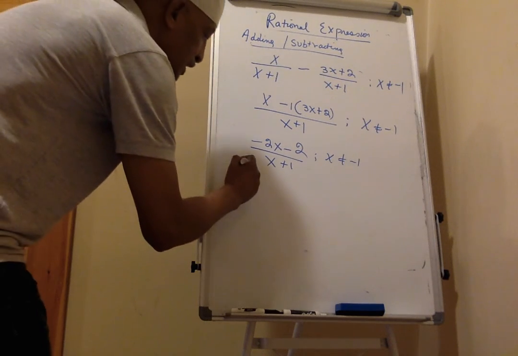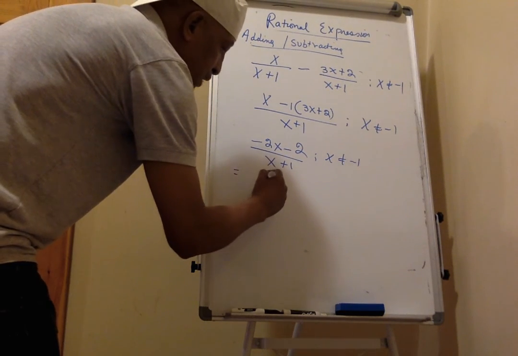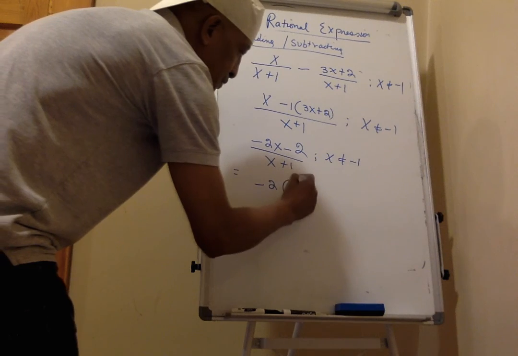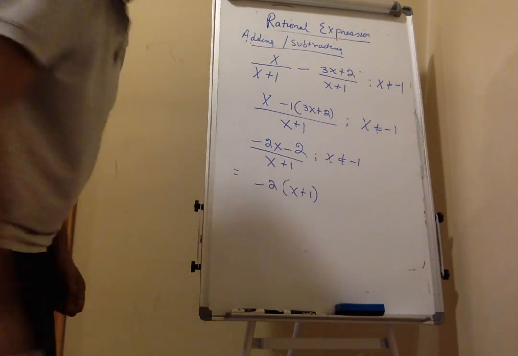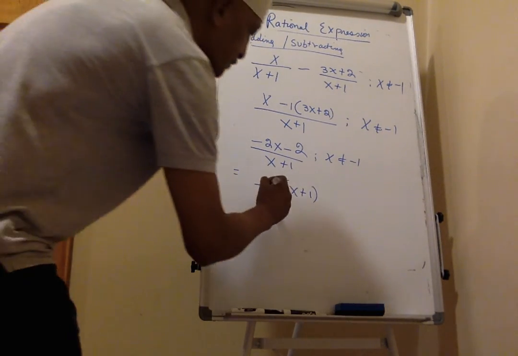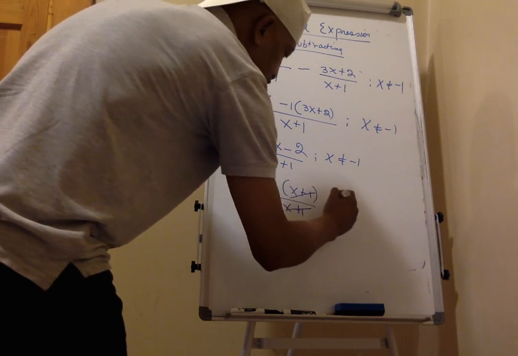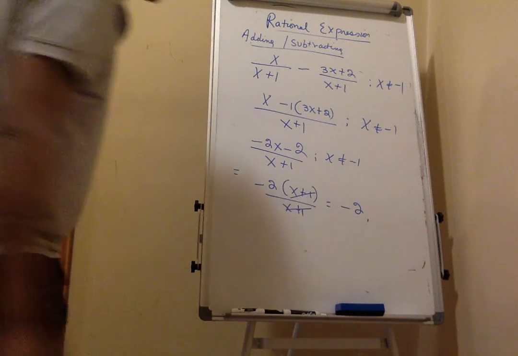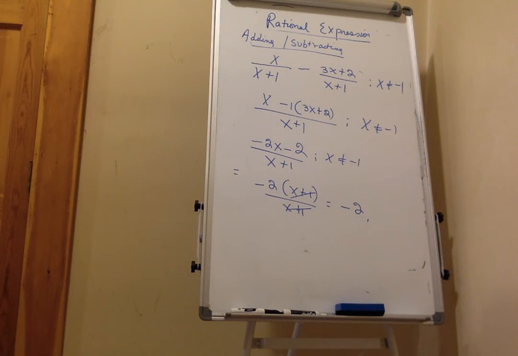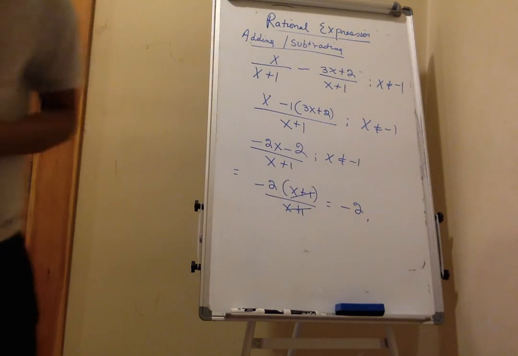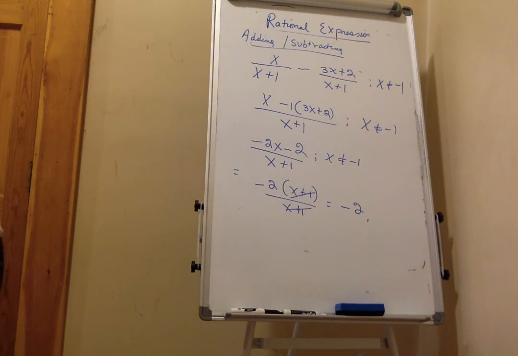Then you can take this out. Take negative 2 as the greatest common factor. So you would end up with x plus 1 over x plus 1. So the x plus 1 and the x plus 1 cancel, and you end up with negative 2, and x cannot equal negative 1. Okay.